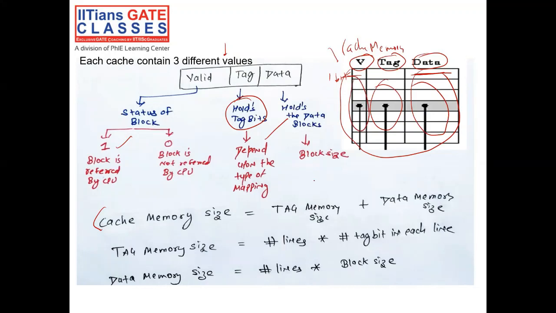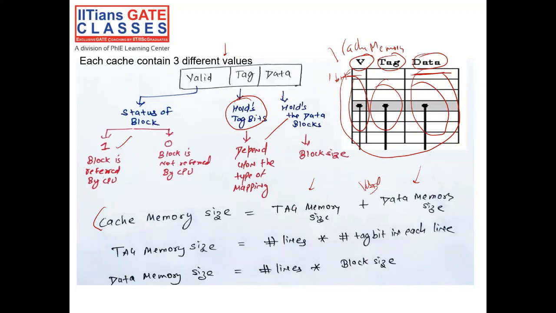So cache memory size is tag memory size plus data memory size. If the question asks you to include the valid bit, then you need to add the valid bit also. Otherwise, tag memory size and data memory size.